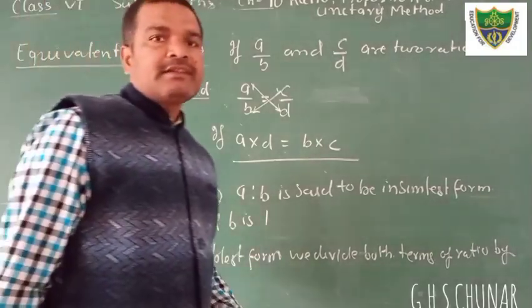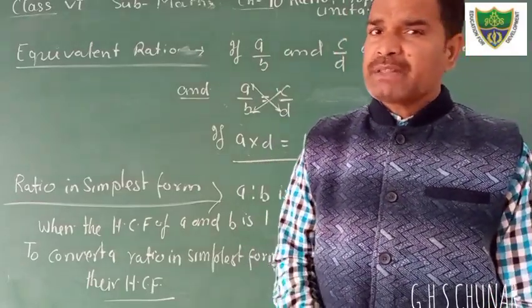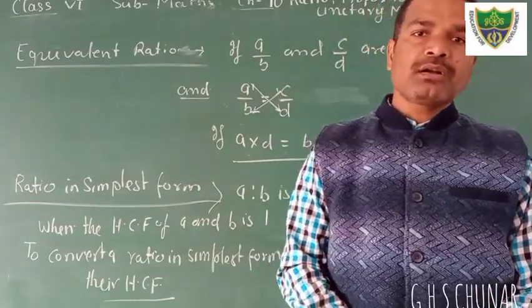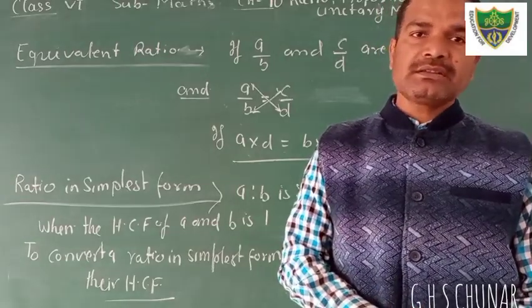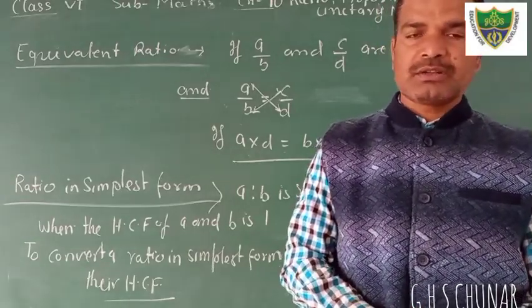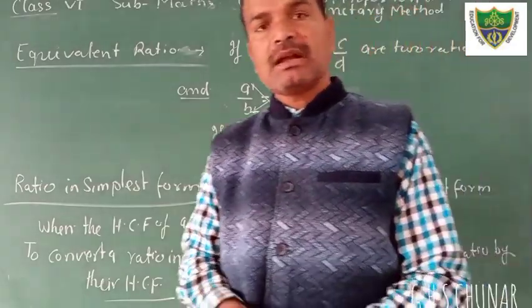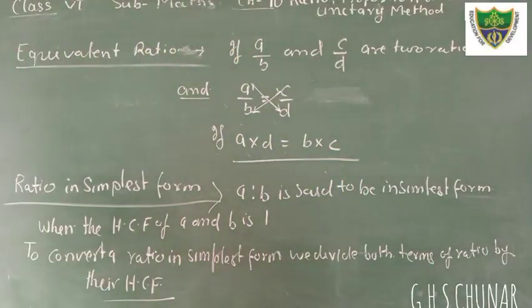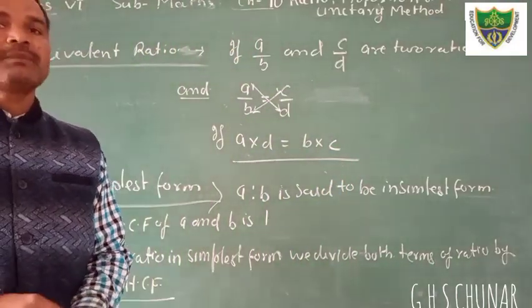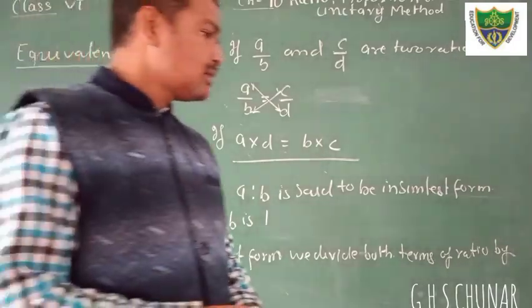A ratio is said to be in the simplest form when their HCF is 1. If it is not in the simplest form, to convert it, we divide by the HCF of both terms, the first term and second term, that is, the HCF of antecedent and consequent. Okay, note it.